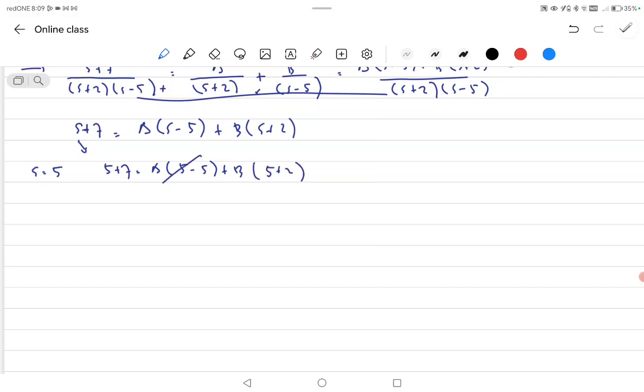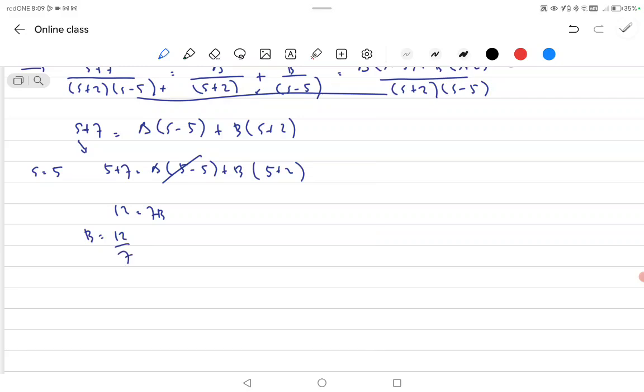So this one is cancelled, so 12 is equal to 7B, so we got B equal to 12 over 7.